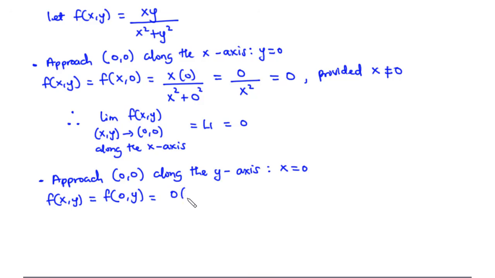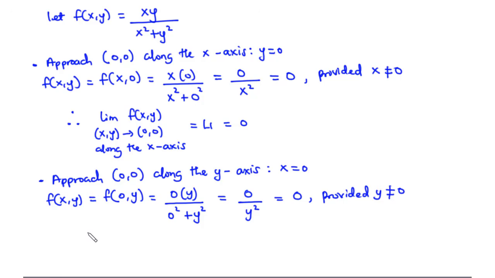So we have 0 times y divided by 0 square plus y square. This is equal to 0 divided by y square, and that is also equal to 0, provided that y is not equal to 0.